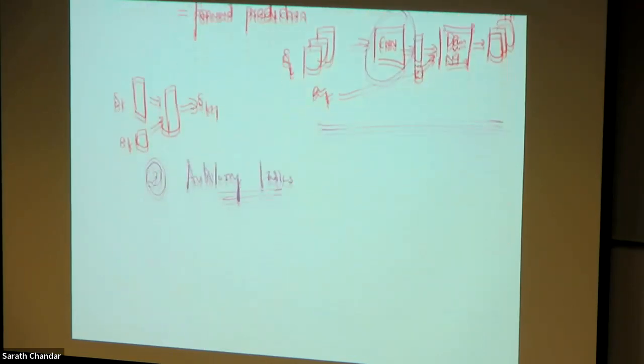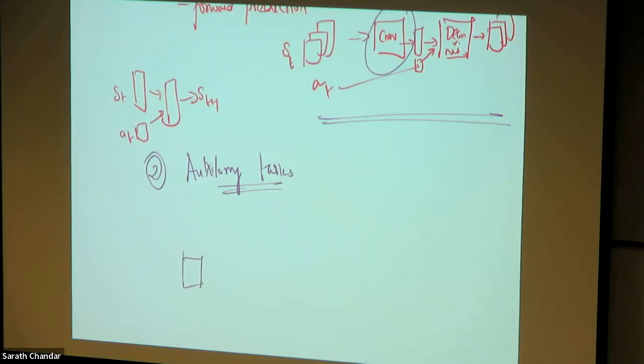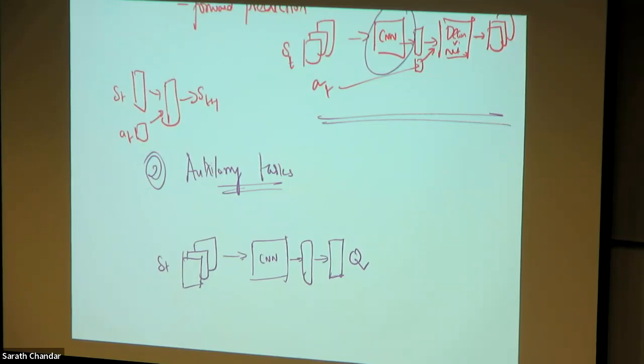with the hope that they're going to be useful and guide the process by giving better representation. So in this case, given a state, I have a CNN which tries to predict the Q value. Now, I could also have an auxiliary task here, which takes the state and an action, and has a deconv network to predict S_{t+1}.